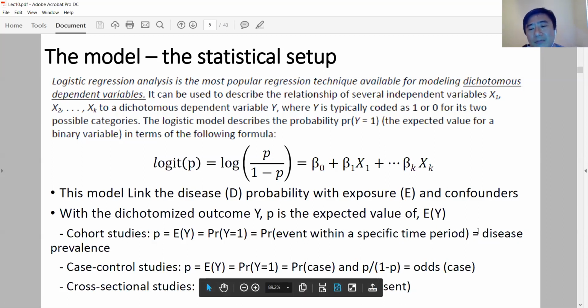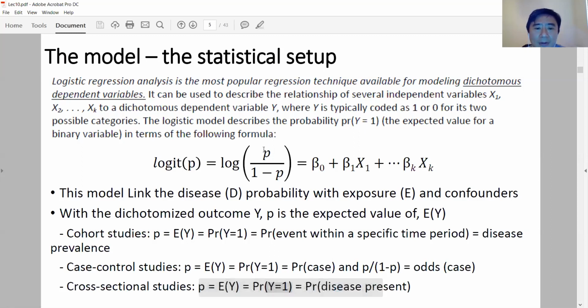And usually people can define that as disease prevalence. So this is to say the log function of the risk, or a function of disease prevalence, is equal to a linear combination. And this logit function happens to be the log of the odds.